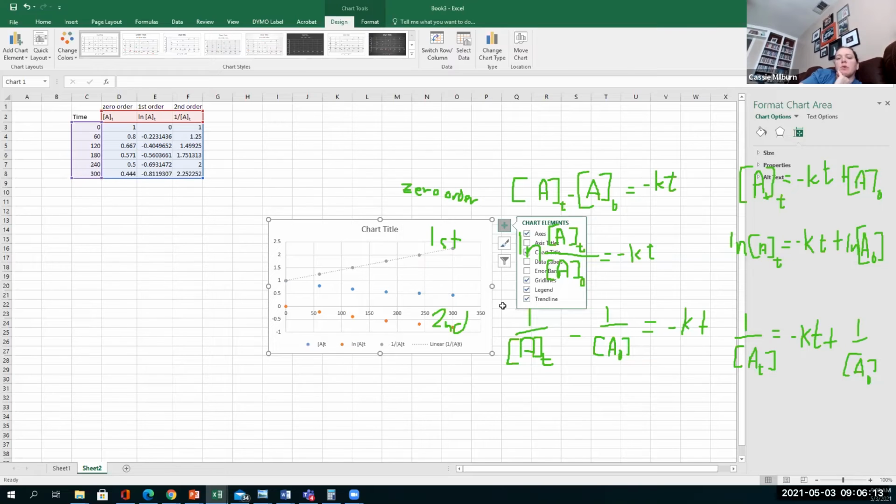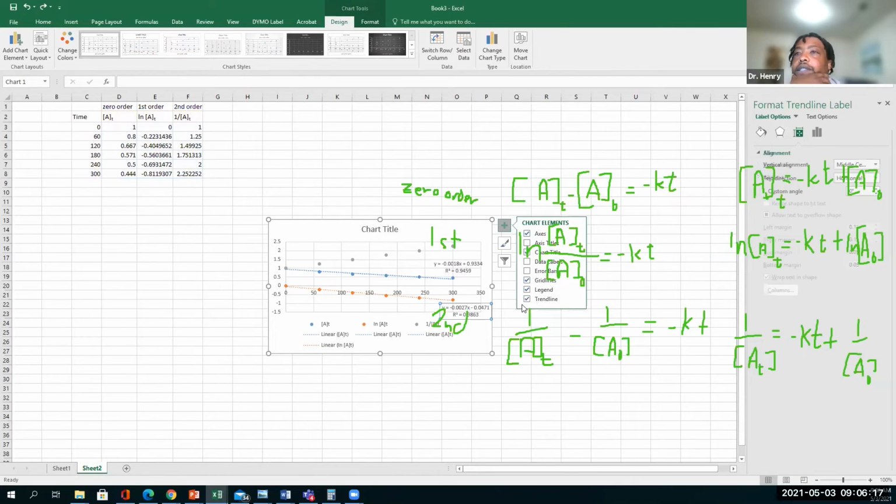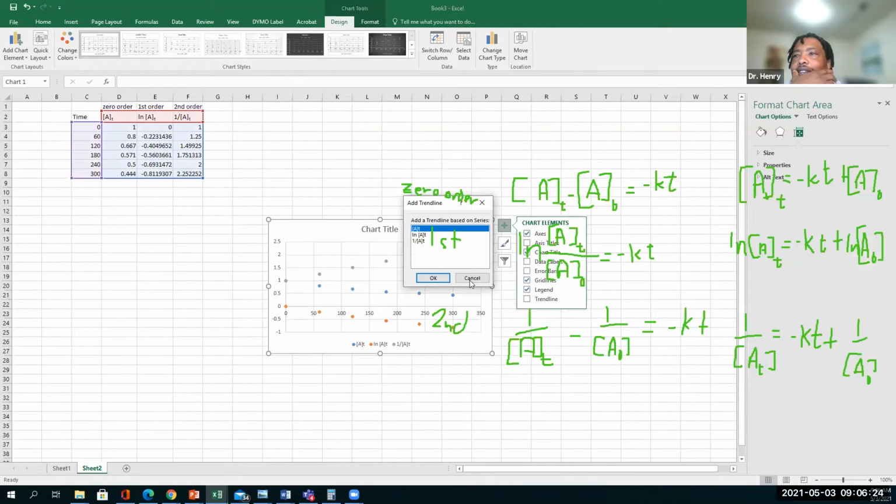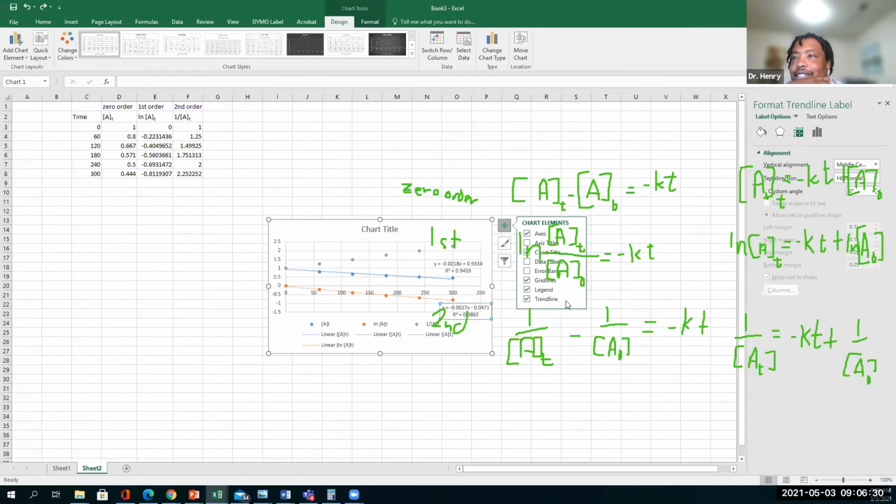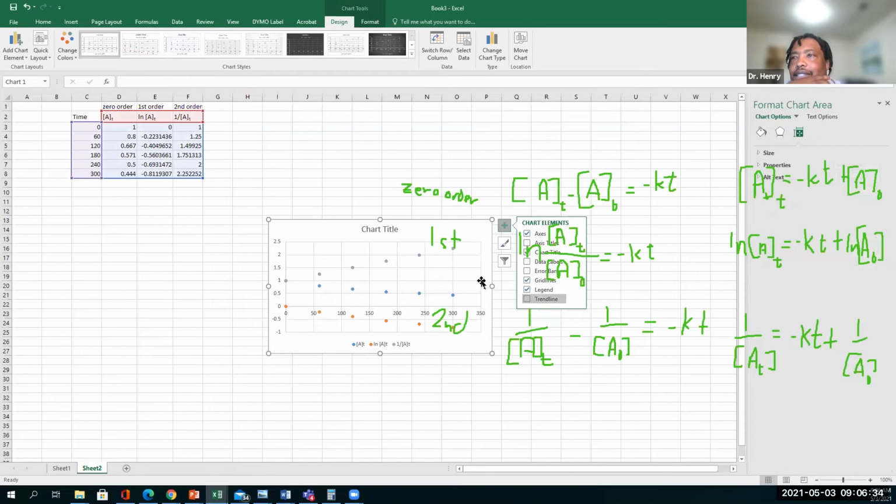You can undo it so that way it does it back. Yeah, good idea. There you go. So the trend line. And then I did it again. Trend line. Cancel. Eventually, I'm going to get this.